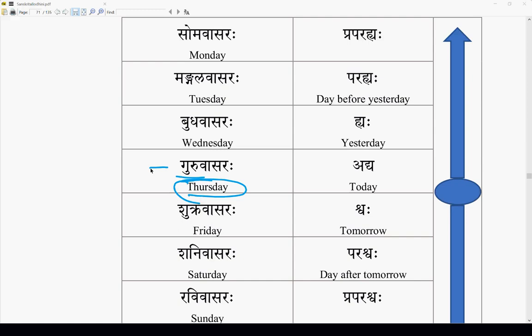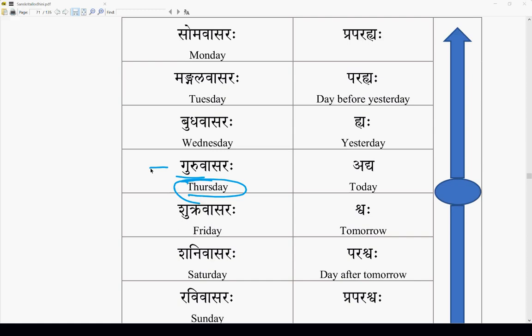And in our scriptures, the Indian scriptures, who was the Guru or the teacher of the gods? Brahma was the original, but let's say the Guru of Indra is the main one: Brihaspati.